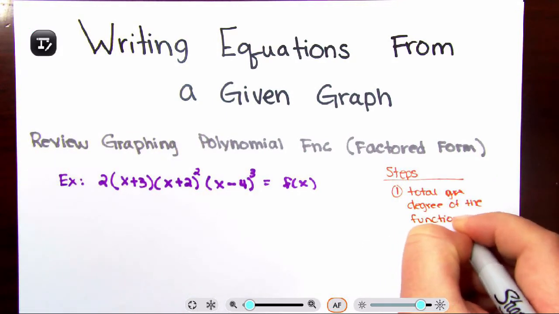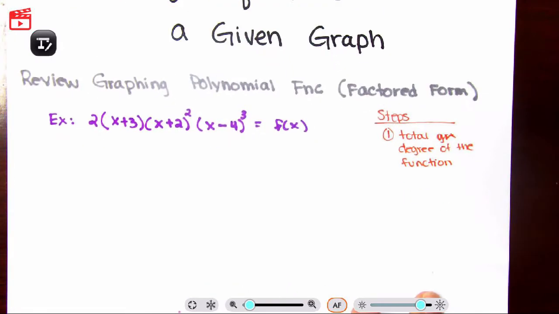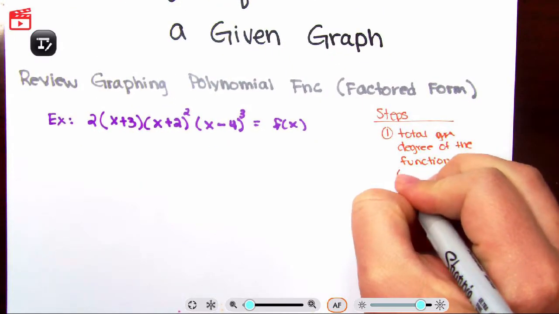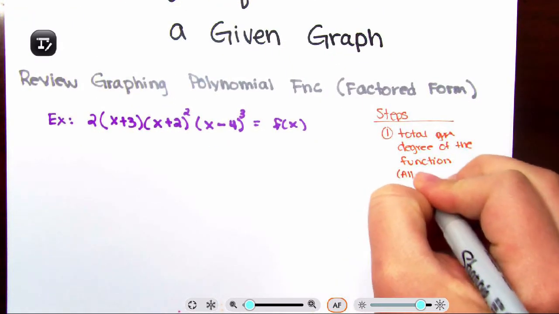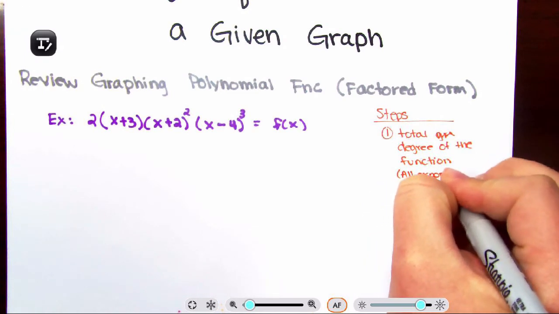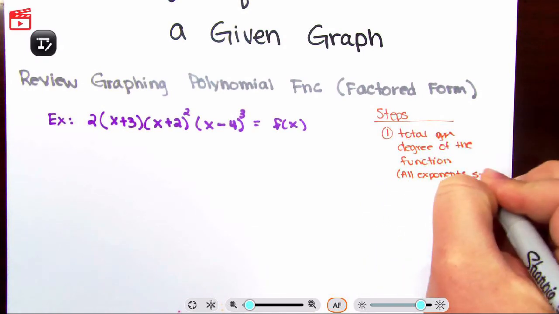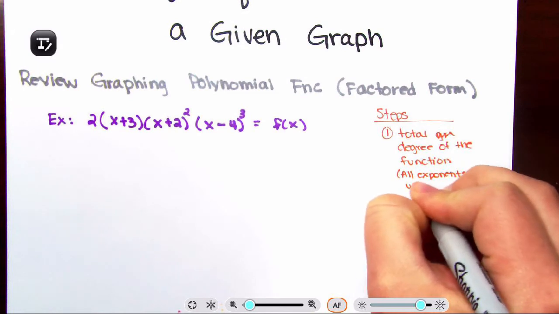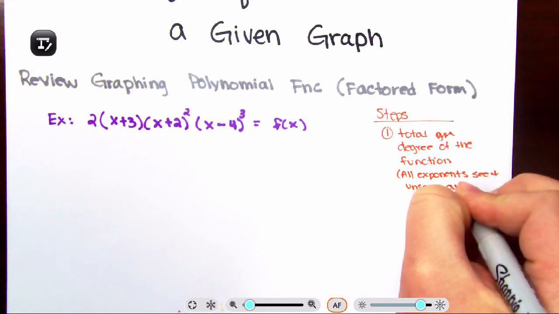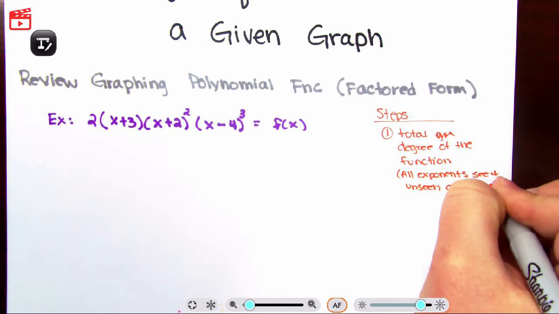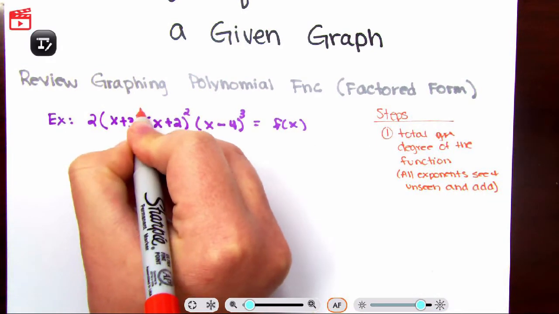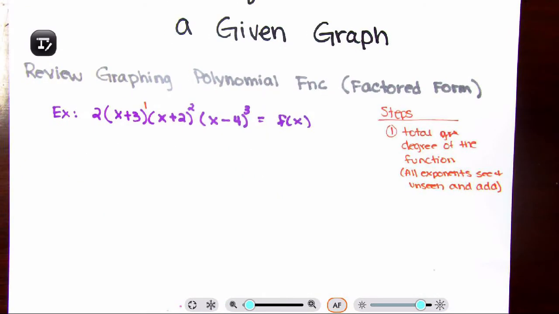Now, the total degree of the function in factored form is taking all exponents, seen and unseen, and adding them. So in this case, this is unseen. There's a 1 in there.